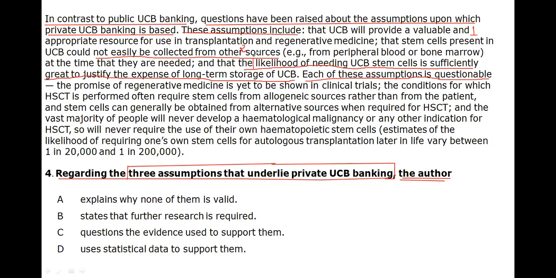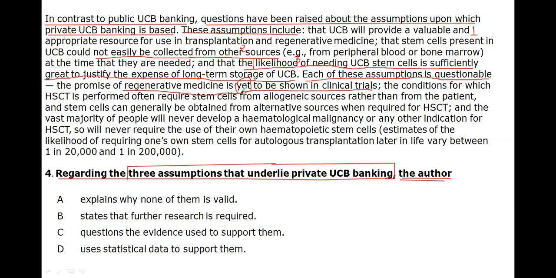The first assumption said that it will provide a valuable and appropriate resource, whereas here it says that the promise of regenerative medicine is yet to be shown in clinical trials. Yet itself has a negative connotation. Haven't they arrived yet? Haven't you submitted your assignments yet?